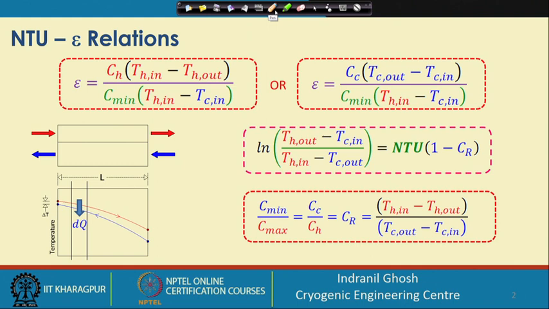we have seen this expression for the heat exchanger effectiveness. Either it can be expressed in terms of the hot fluid heat capacity, or in terms of the cold fluid heat capacity, and depending on whether the hot fluid or the cold fluid is the minimum capacity fluid, we will have one expression or the other, and this may cancel out or may not cancel.